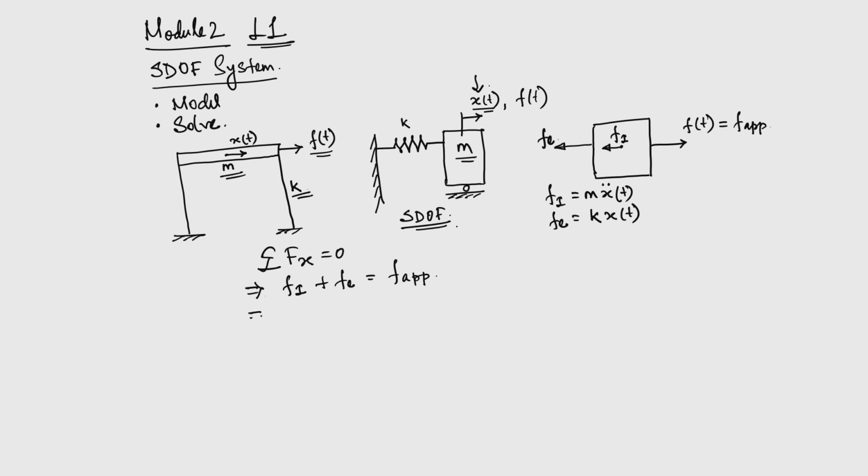Then if we substitute the expressions of all these forces, we get m x double dot plus k x is equal to f of t. That is the equation of motion.